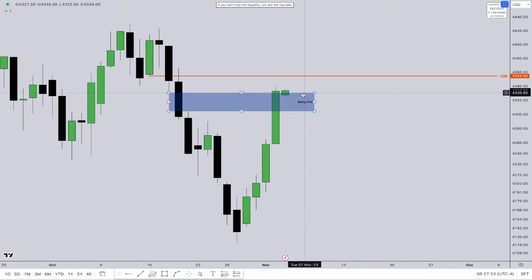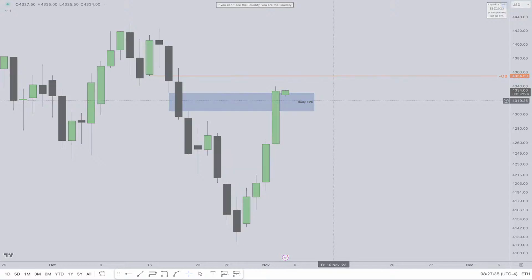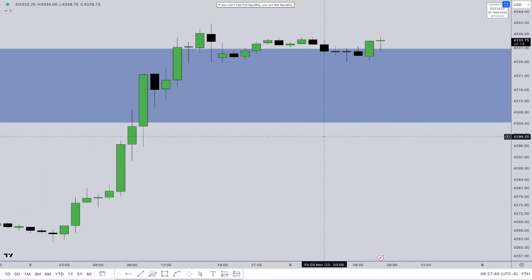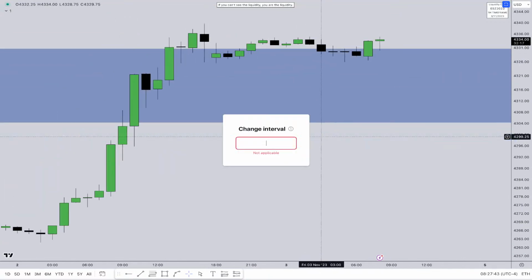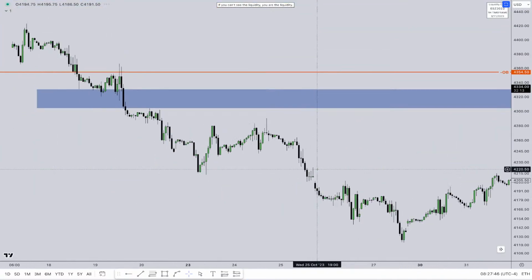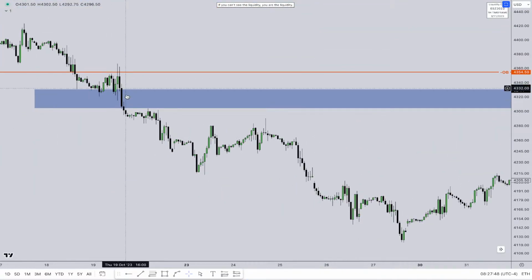Less than 3 minutes. Let's make it quick. The fair value gap is right there. If you scroll back, this fair value gap right there, from this candle's high to this candle's low.